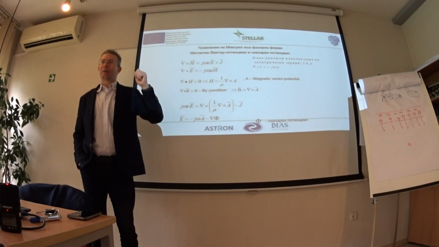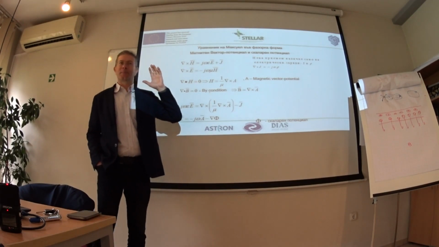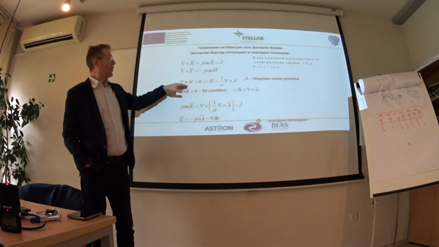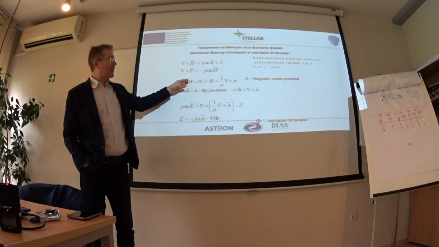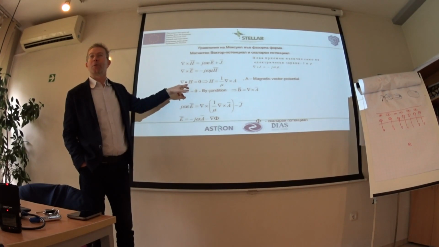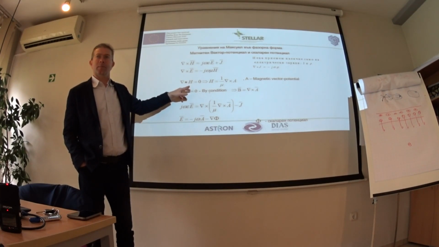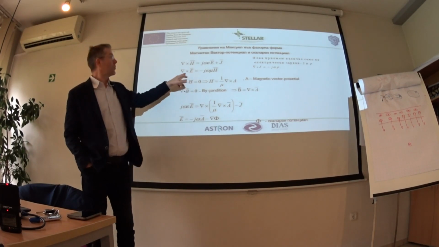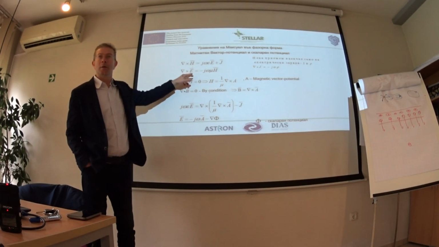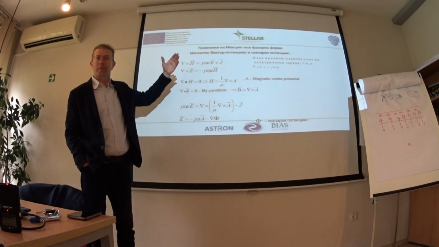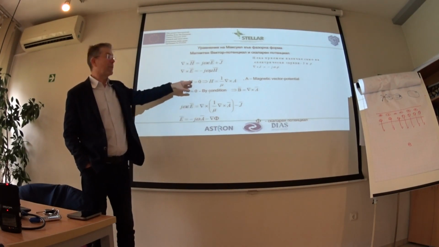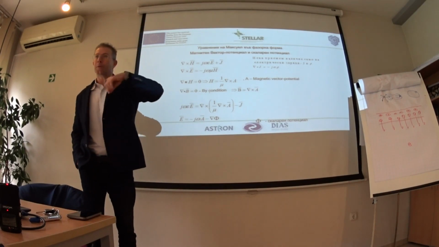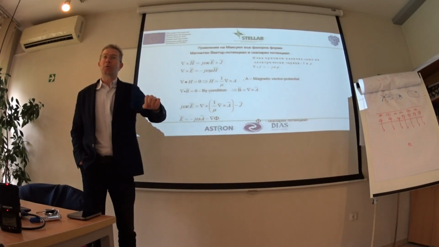Did you grasp that concept? As we discussed, there are no point sources for the magnetic vector. Right? We know only charges which are responsible for the electric vector. For the magnetic vector, no charges. So the divergence of the H vector in each point of space is 0.